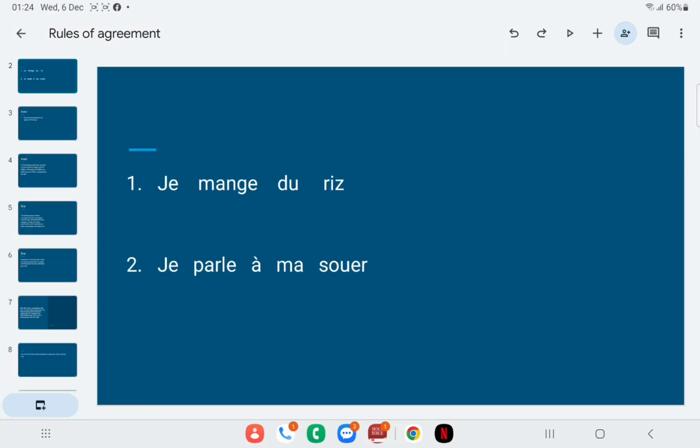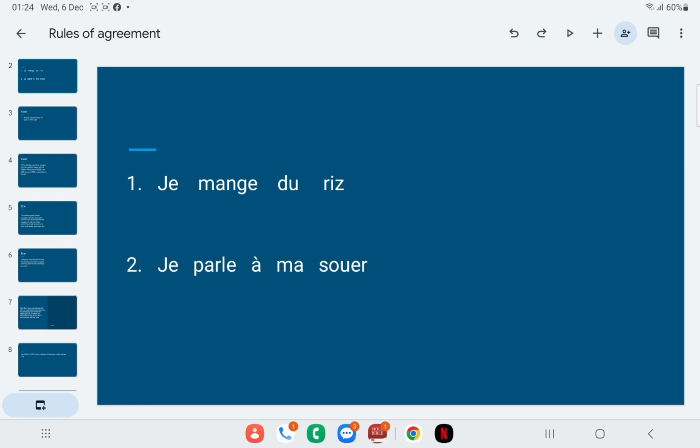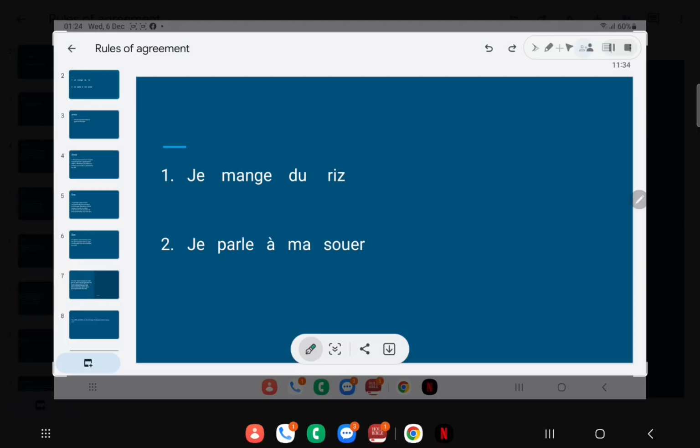Now, in order for you to know when an object in a sentence is an indirect object, you have to be on the lookout for verbs that have the preposition à coming after them.